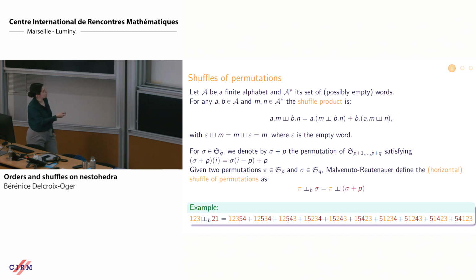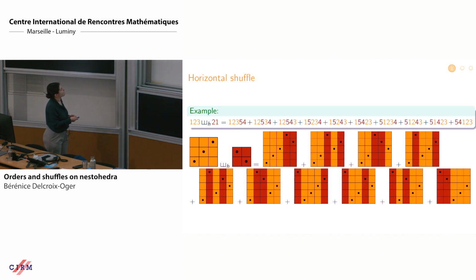Here I call that the horizontal shuffle. It's a shuffle on positions of the letters of the words. So for instance, considering 1, 2, 3, 2, 1, you first shift to get 1, 2, 3, 5, 4, and then you shuffle the positions of the red letters with the orange letters, and you get 10 different elements in the shuffle product of these two permutations.